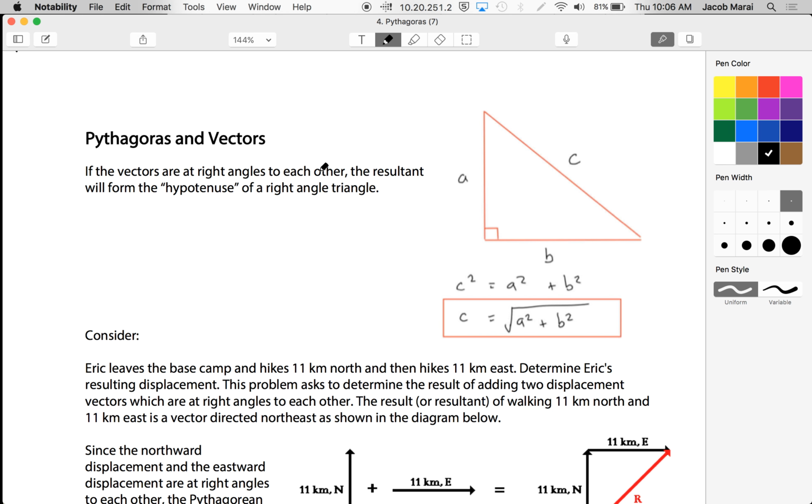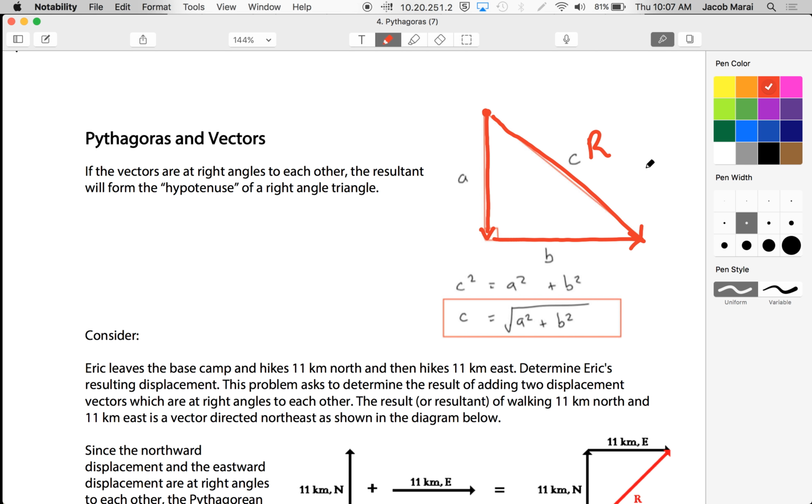You've got a triangle ABC, and Pythagoras says that a squared plus b squared equals c squared. What I'd like you to simply add to this diagram is if we said that a was a vector, which you draw with a ruler, and then b is a vector, then the resultant would be the hypotenuse. Okay?